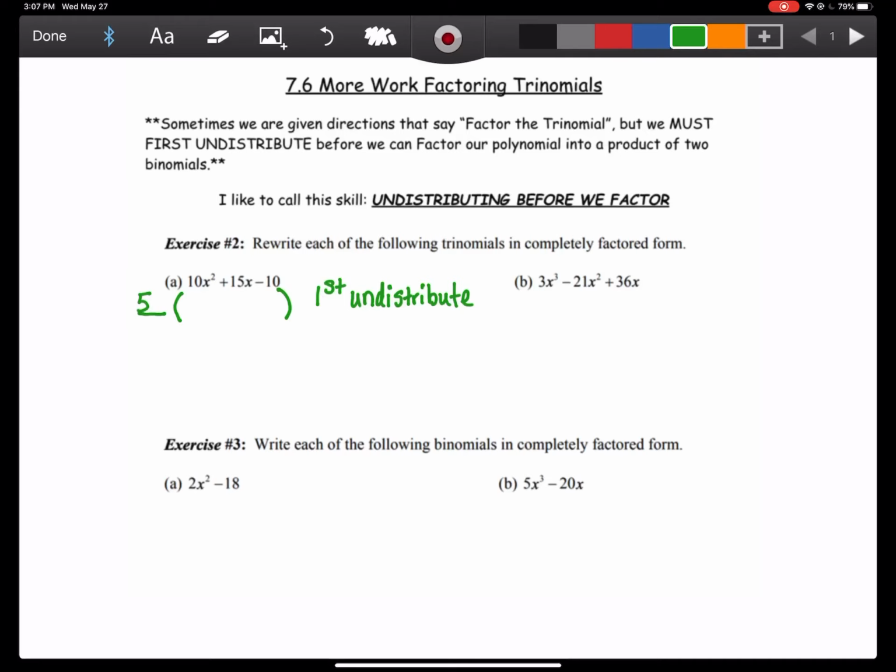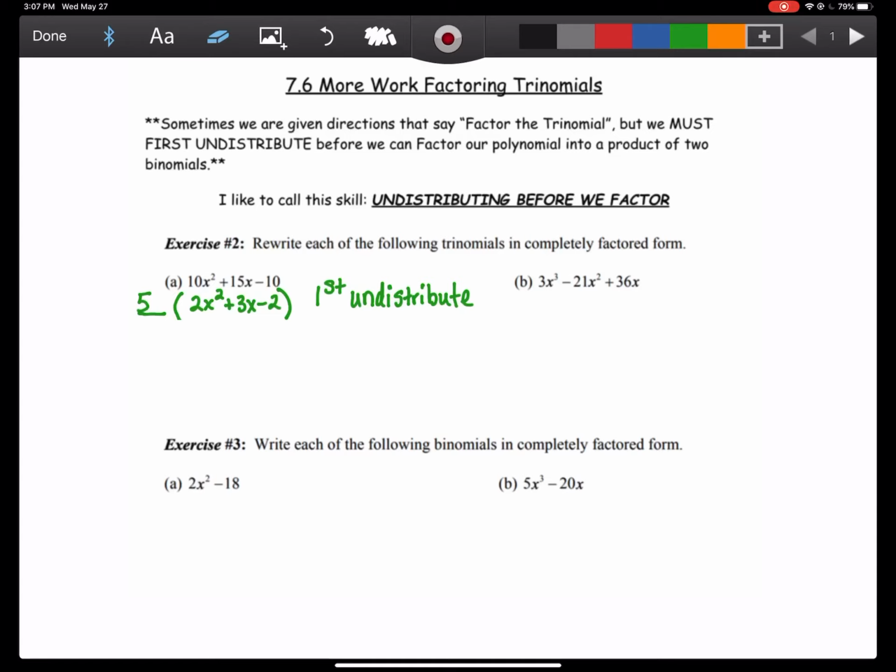Now I work it out. 5 times what number makes 10x squared? So that's 2x squared. Okay? And we keep using that process. 5 times what makes positive 15x? That's positive 3x. And one more, 5 times what makes negative 10? That's negative 2. So now we see that our trinomial is something that we're a little more confident with factoring.